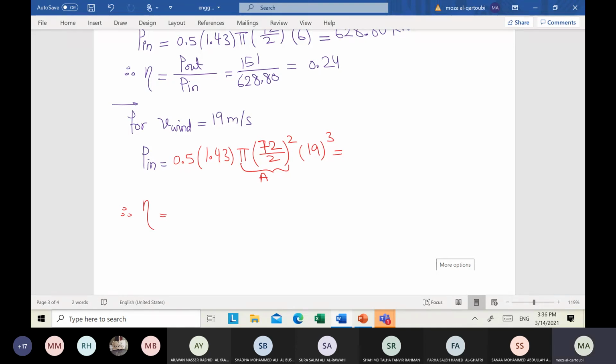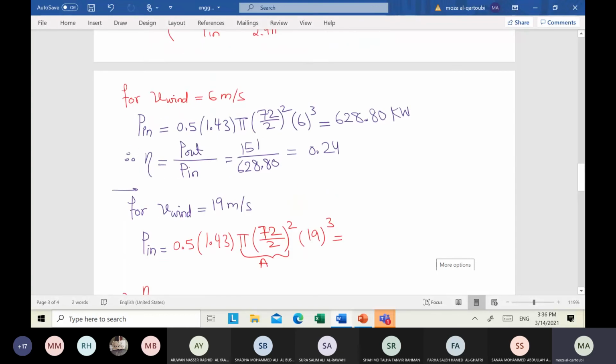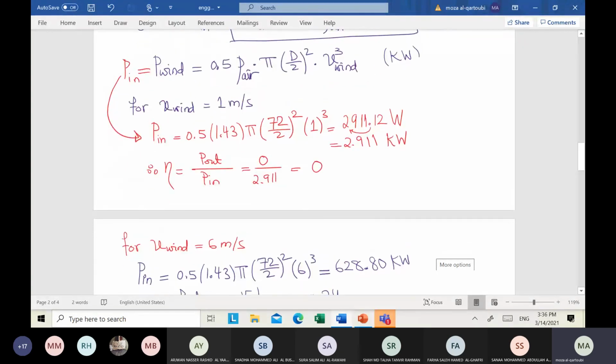Now in the table, the first value of Pn was 2.9, and it will always increase. Why? Because it depends on V cubed, and V cubed increases every time. All other values are the same for all values of V, only V cubed changes.